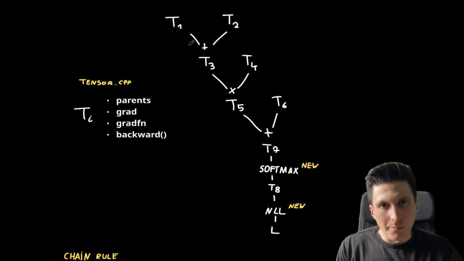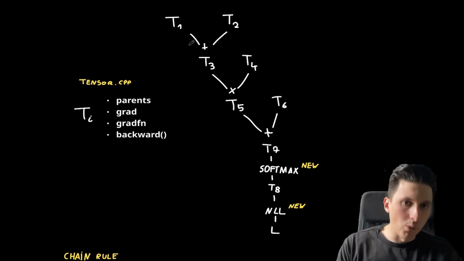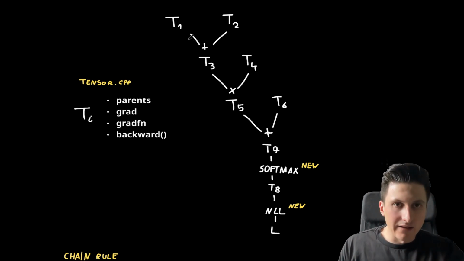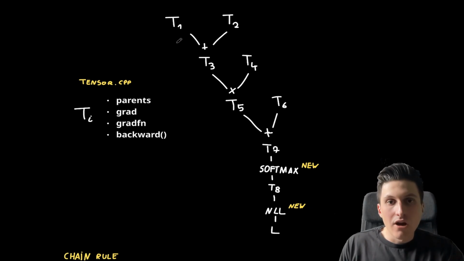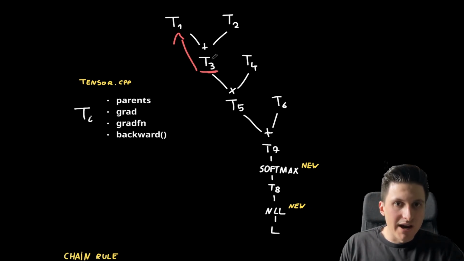Okay, so I've already repeated this, but a neural network can be represented as a series of tensor operations once you go a level lower than the actual modules. In every tensor, we have implemented this in our tensor class in C++, we are building a computation graph by, for every tensor, for example T3, keeping track of the parents. We also have a gradfn function, which is capable of updating the actual gradient of the parents.